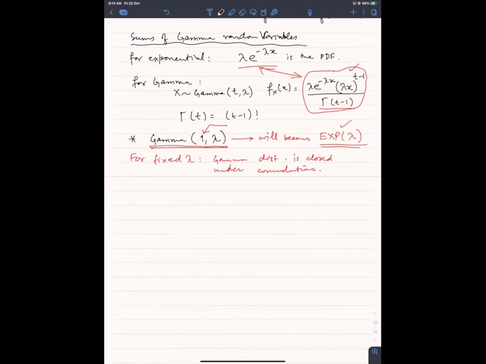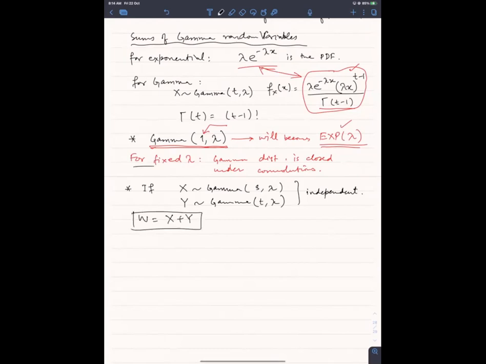Let us give an example. If you have a random variable X which is gamma s comma lambda and another random variable Y which is gamma t comma lambda, and these two are independent, then W is equal to X plus Y. The claim is that for a fixed lambda, the gamma distribution is closed under convolutions.